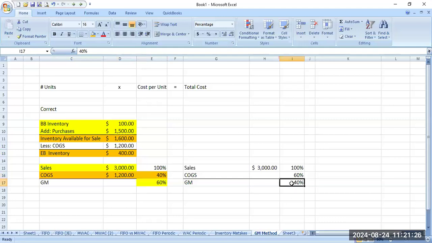Now, this is when you're using the 60/40. If you don't want to go that direction, 60% is my gross margin. What that means is 3,000 times 60% is my gross margin. If this is my gross margin, how much is my cost of goods sold? Well, 3,000 minus 1,800.